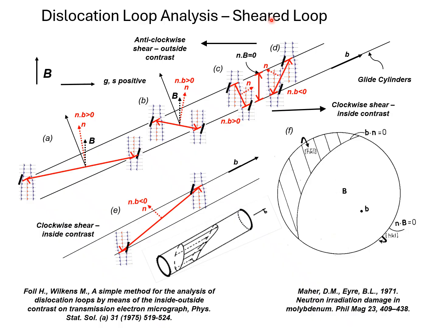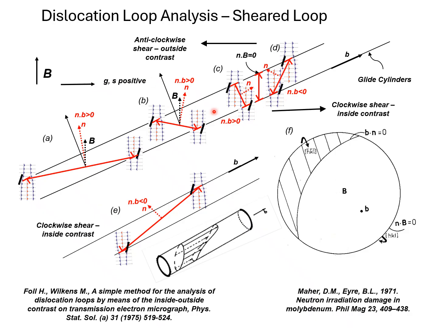In this particular example, if we're using this set of planes to diffract, if our diffracting vector is not that way, it's pointing that way, we have inside contrast.